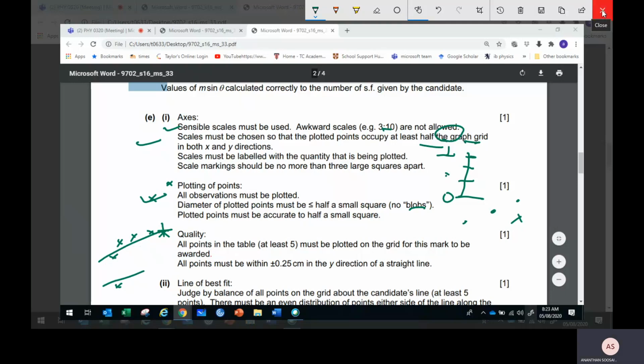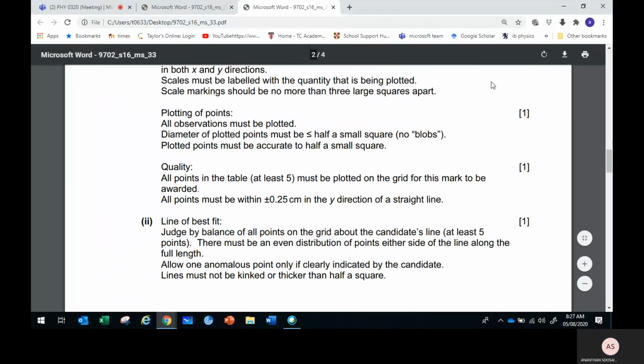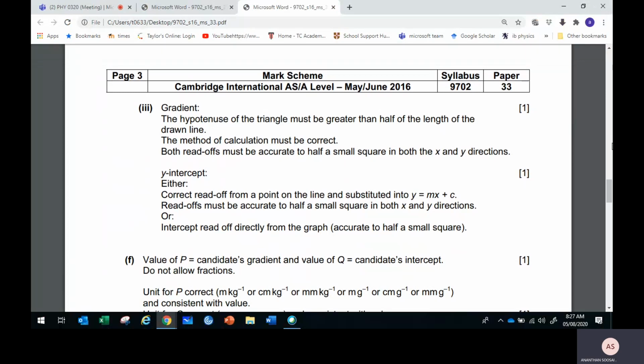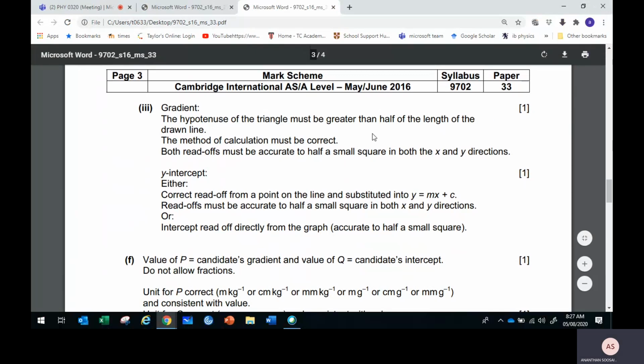So far, any question from here? These are the 4 points for the graph. Okay, next is the gradient and y-intercept. How do you get the gradient mark? The triangle.